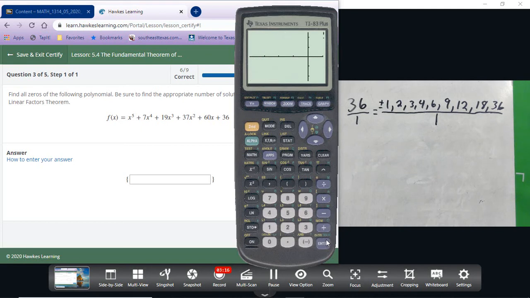Okay, so when the graph turns around like that, that's what we consider a flatten out. And the fact that it touches like this means that we're going to get a double root. That means it's going to do twice.